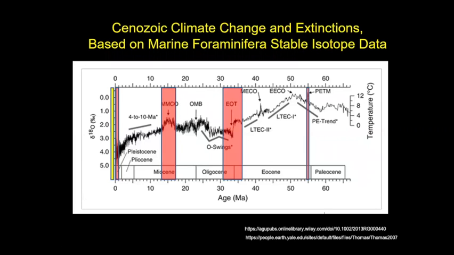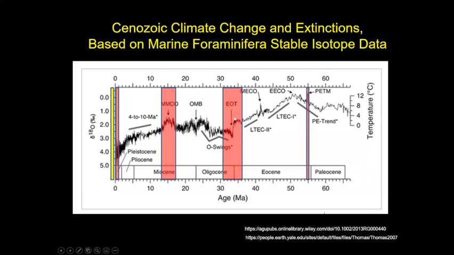Okay. Taking this to the last step, this is a look at temperature change on Earth over the last 70 million years, 65 million years since the time of the loss of the dinosaurs. Going from 65 and a half million years ago, with the impact that happened then, to modern times, you can see that the Earth's temperature has been cooling. This is measured by using marine foraminifera and taking stable isotope analyses out of those cores.